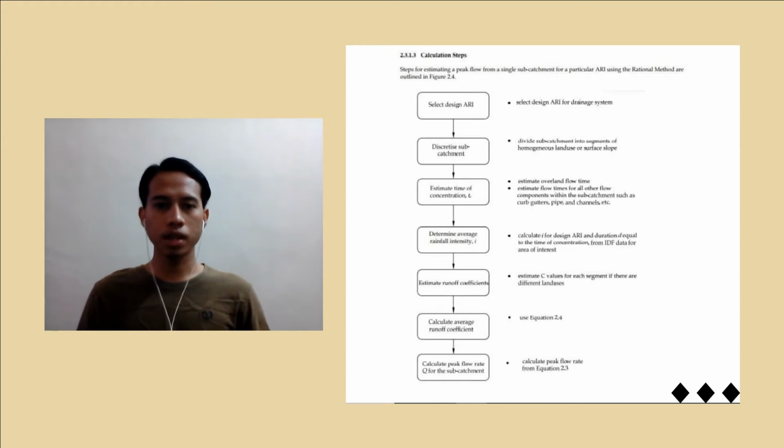For step 4, we need to determine the average rainfall intensity, that is I. And the next one is we need to estimate the runoff coefficients, that is C. After that, we need to calculate the average runoff coefficient, that is C average. And the last step is we can calculate the peak flow rate, that is Q, for the sub-catchment. That is the rational method.